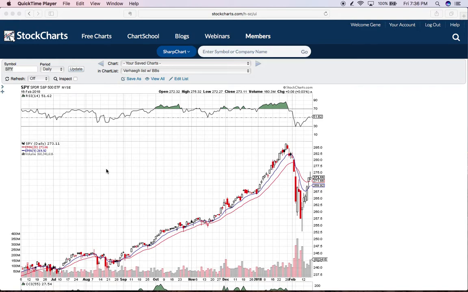Well, if you have a retirement account, some kind of annuity, 401k, IRA, you probably have money in a mutual fund or several mutual funds. And mutual funds are a basket of stocks, maybe dozens or maybe even hundreds of stocks in this fund.